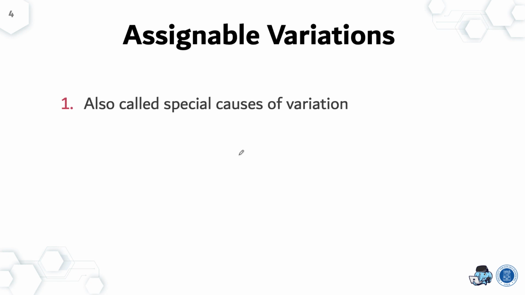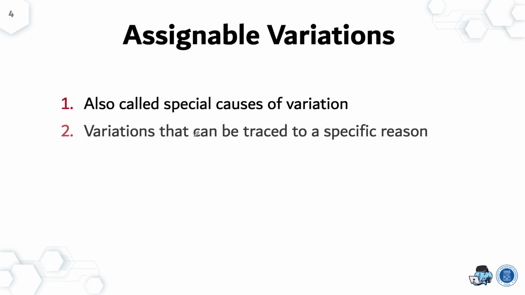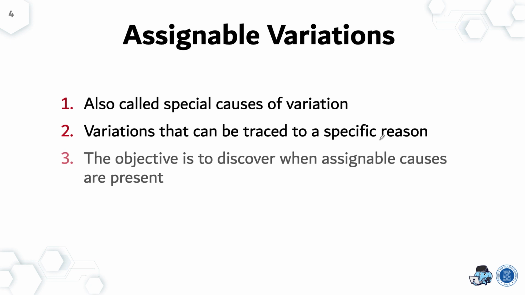Assignable variation. This is also called special cause of variation. That is the variation that can be traced or tracked due to a specific reason, because of the machine, because of human mistake, human error, and other sources of variation.